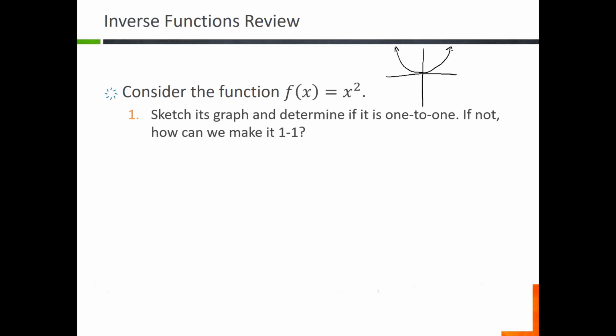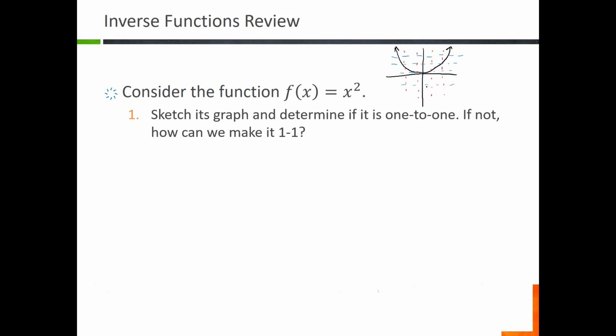Okay, is that a function? If we do the vertical line test, every vertical line here only hits the graph once. So it is a function. Is it 1 to 1? 1 to 1 would be if we drew horizontal lines. So if we draw horizontal lines in here, how many times do these horizontal lines hit the graph?